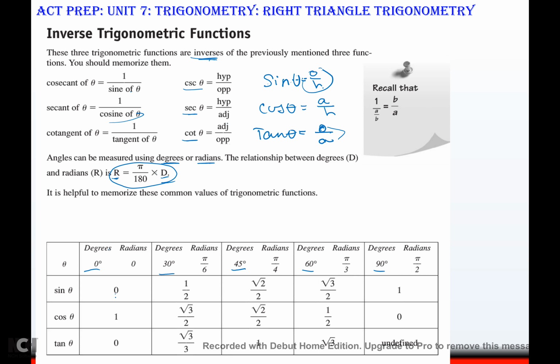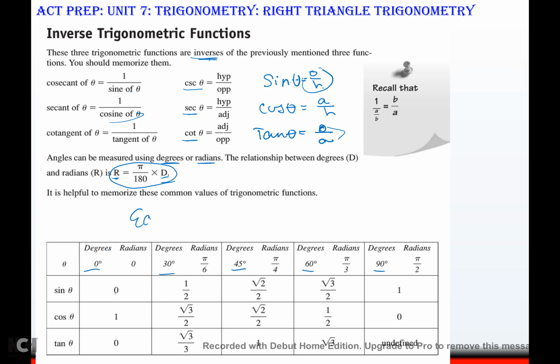The sine of 0 is 0, cosine of 0 is 1, tangent of 0 is 0. Sine of 30 is a half, cosine of 30 is square root of 3 over 2, tan 30 is square root of 3 over 3. And then the 45 degree angle, the 60 degree angle, and the 90 degree angle.